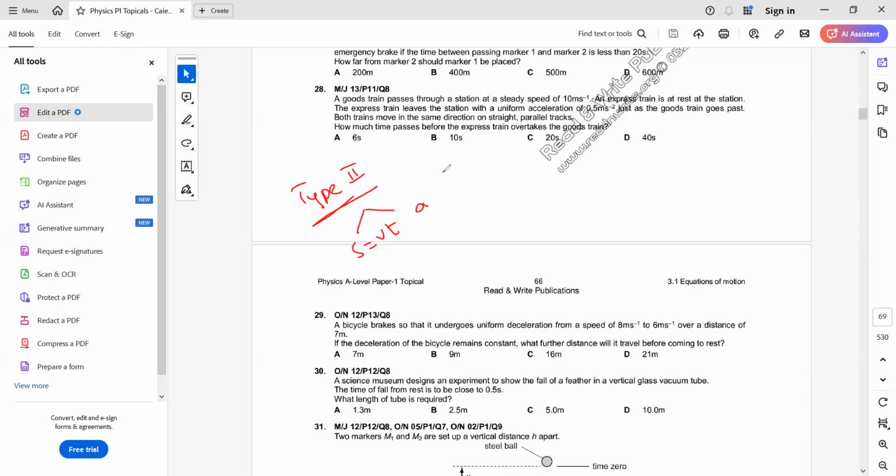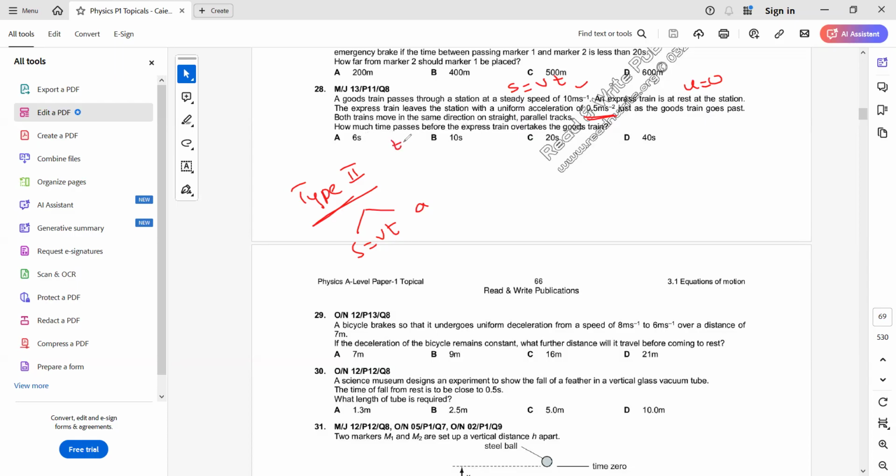It says a goods train passes through a station at a steady speed of 10 meters per second. Steady speed means this is the s equals vt part. An express train is at rest, that means initial speed is 0. The express train leaves the station with a uniform acceleration of 0.5 just as the goods train goes past, and both trains move in the same direction along horizontal paths.